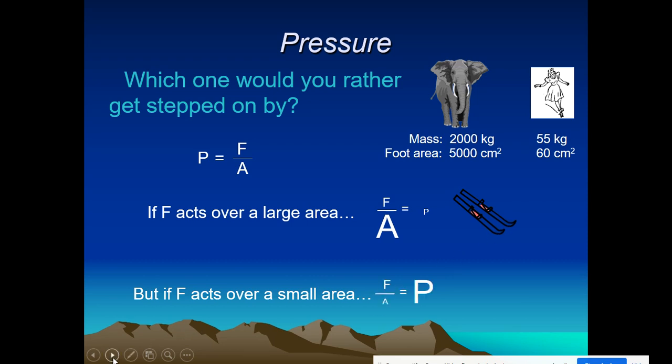When you go ice skating, however, it's advantageous to have it spread out over a very small surface area, because your weight spread over a very small surface area results in a lot of pressure, and this actually helps melt the ice that is in contact with the bottom of your ice skating blade, and then it helps you glide over the ice because it reduces the friction.